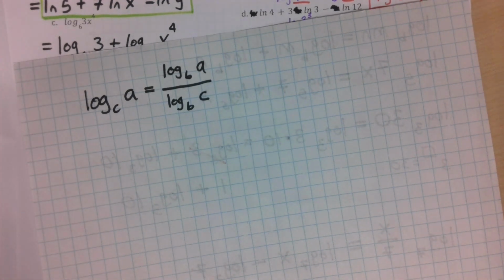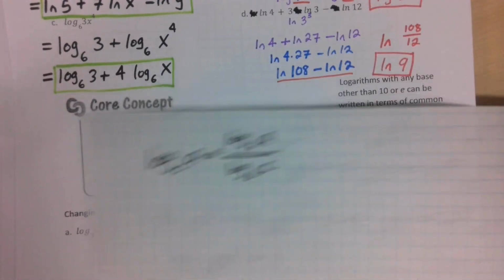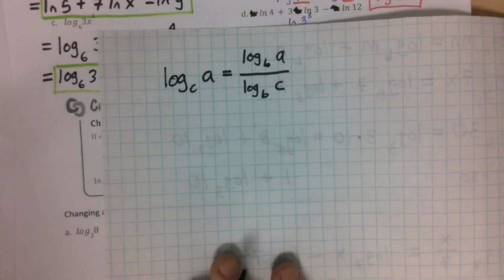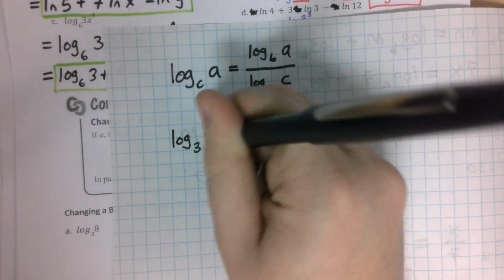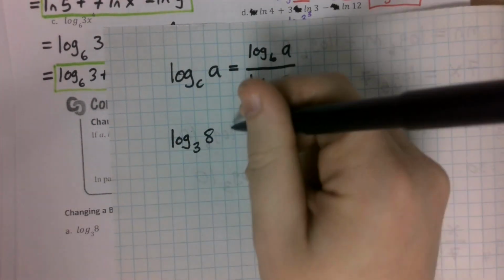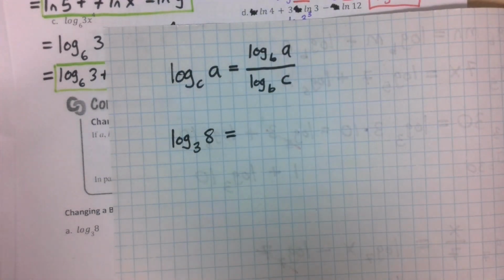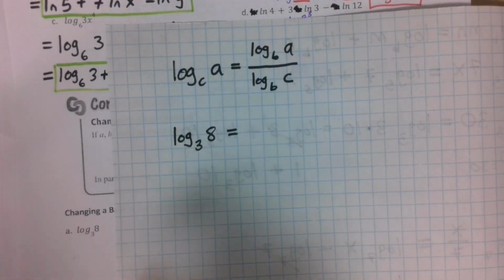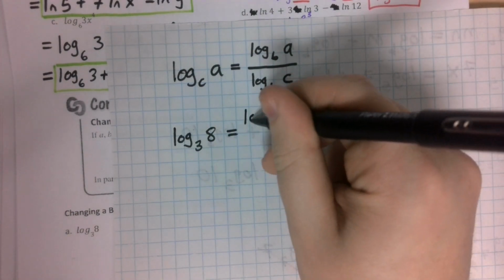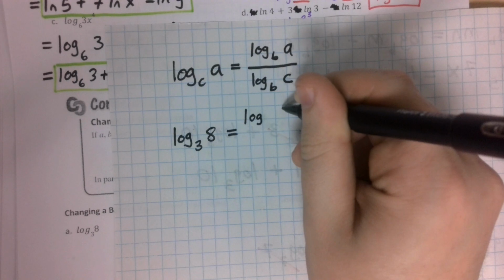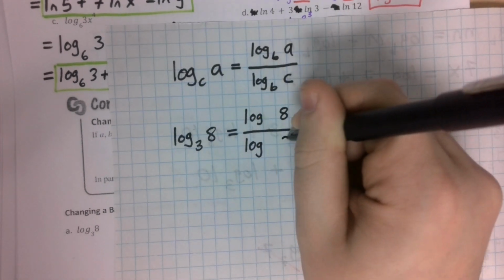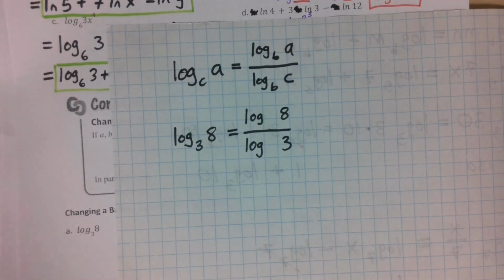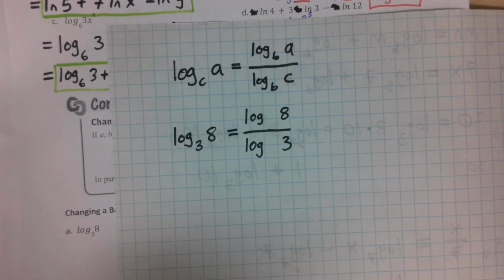So if I really wanted to, I could transform log base 3 of 8 into anything I wanted. Let's say I wanted this to have a base of 8, so I could at least simplify the 8 here. Well, the formula says you put the first one on top, you put the second one on bottom, you put your base on bottom, I should say, and now we can put whatever base we want in here.